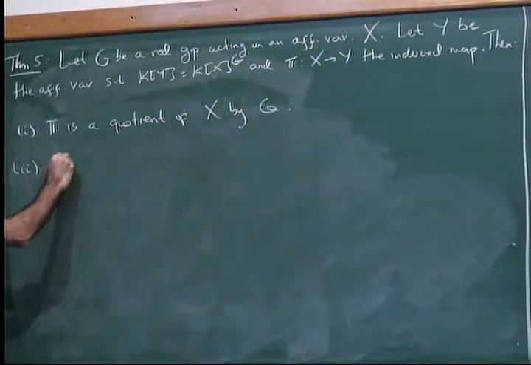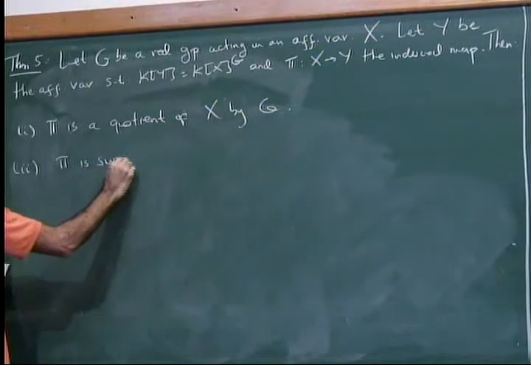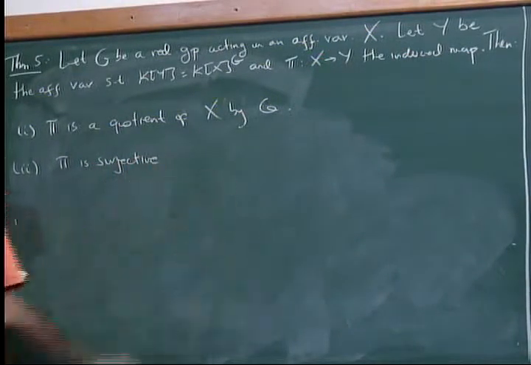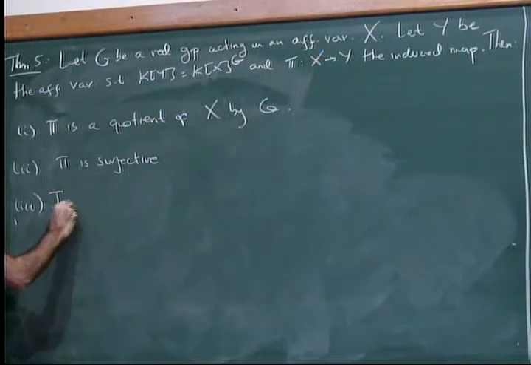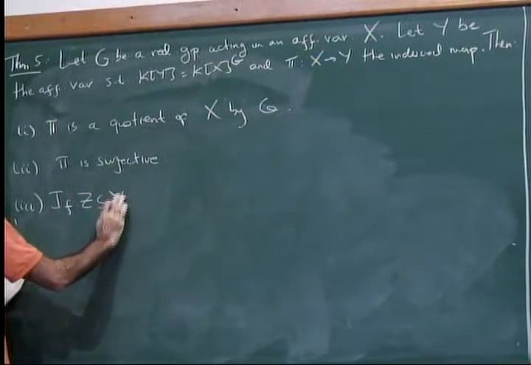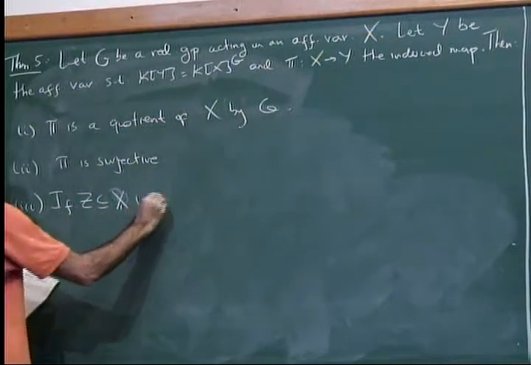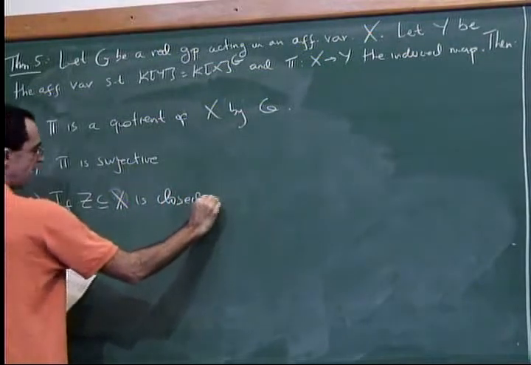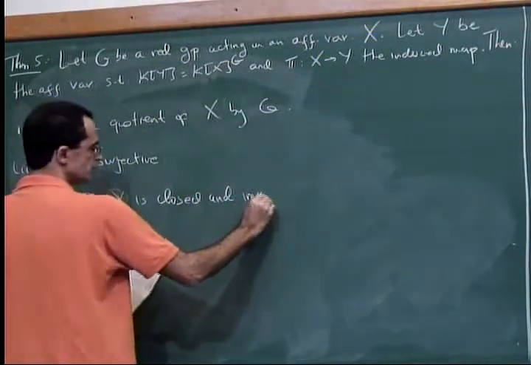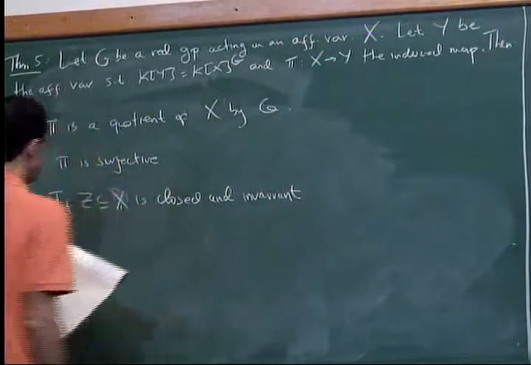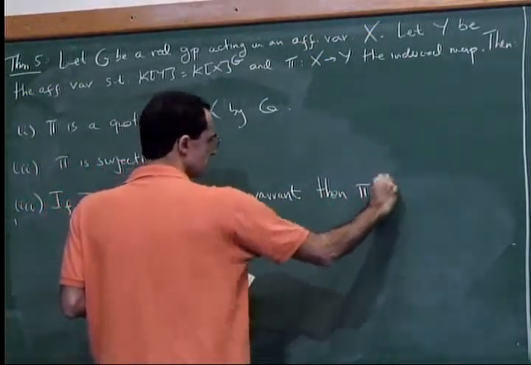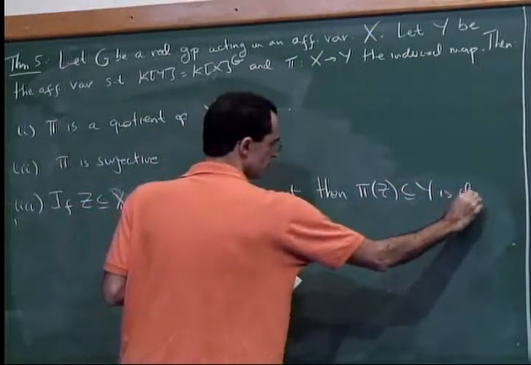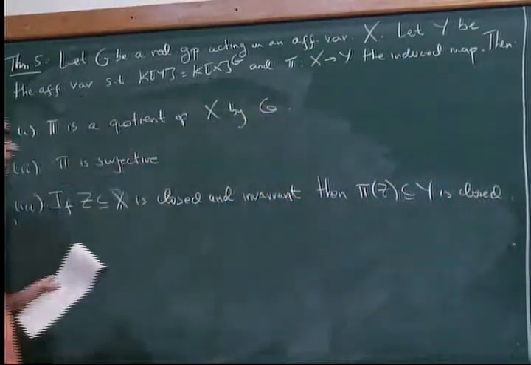Second, the map pi is surjective, something that is not required for a quotient. 3, if z inside of x is closed and invariant, so an invariant closed subset, then the image is closed inside of y.